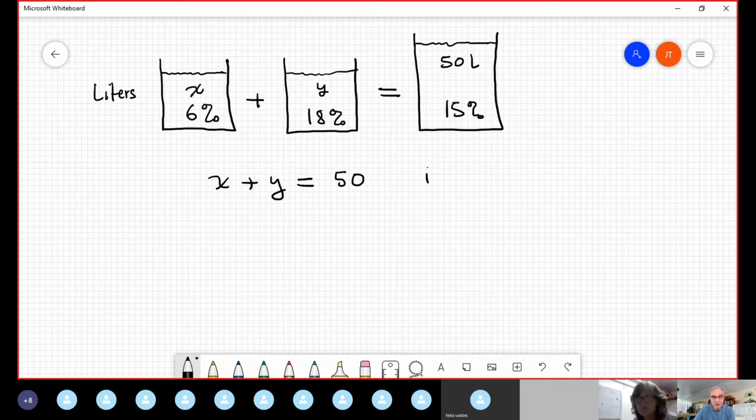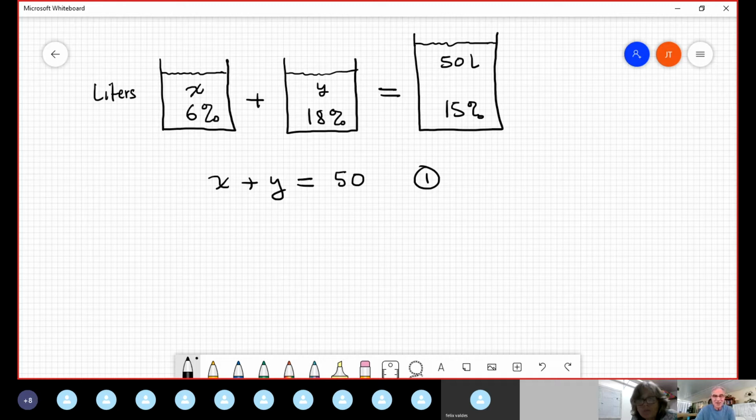It's important, guys, that in the equation you're adding liters, kilometers, or hours, the same unit, because it's addition. We cannot add kilometers and meters. This is wrong, it's impossible. The first equation says the volume of this container plus the volume of this container gives 50 liters, which is the volume we need.